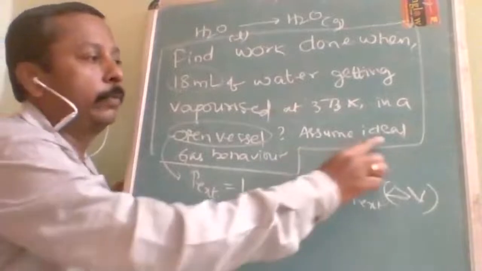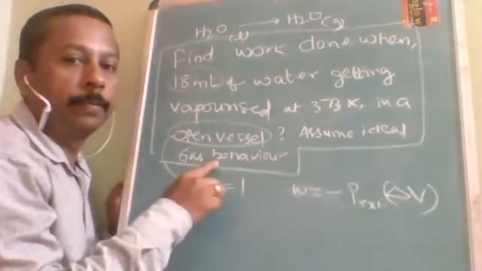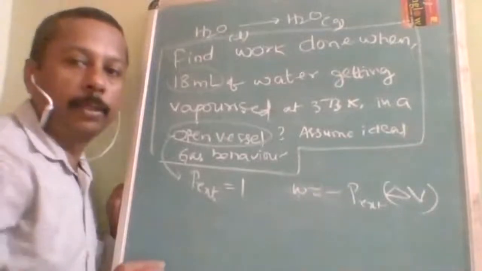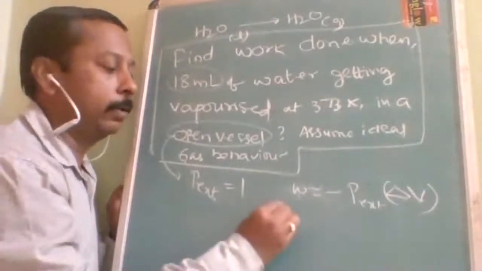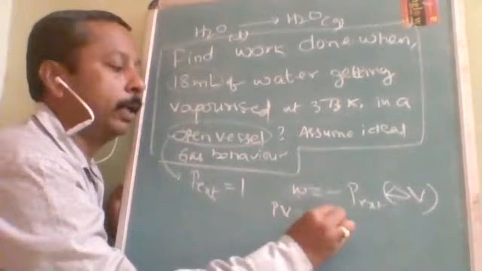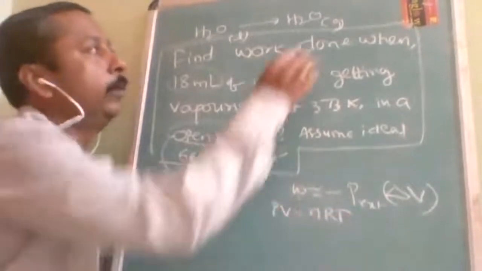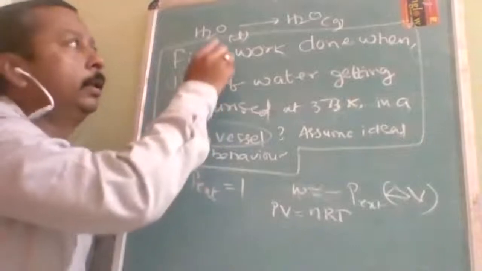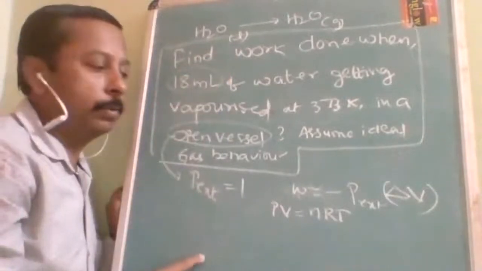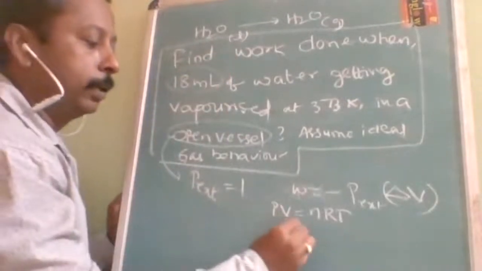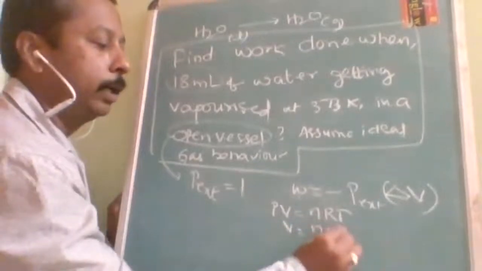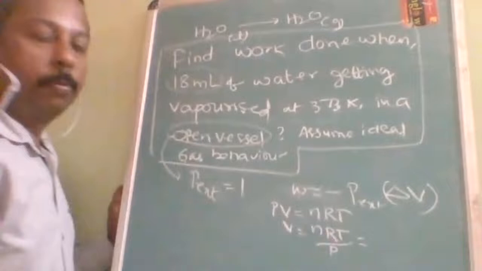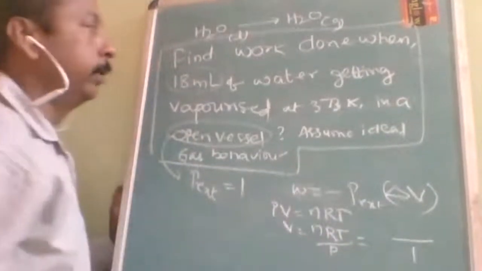For that, the phrase ideal gas behavior is given, so he is asking you to use PV equals nRT. We can use this only for the product because it is in the gaseous state, not for the liquid. So V final is equal to nRT by P. Open container, therefore 1 atm.